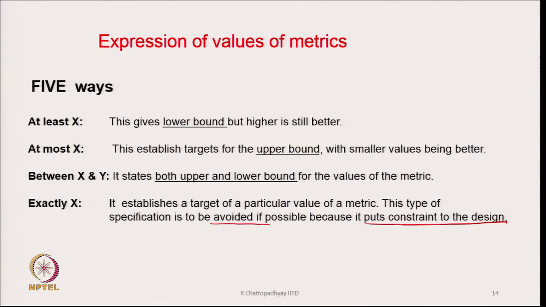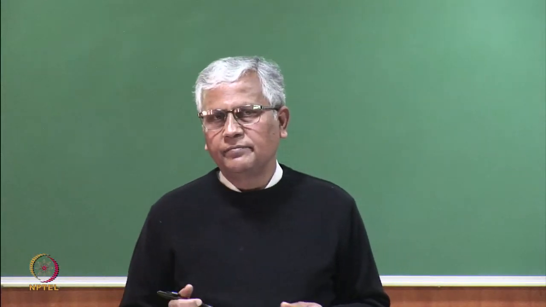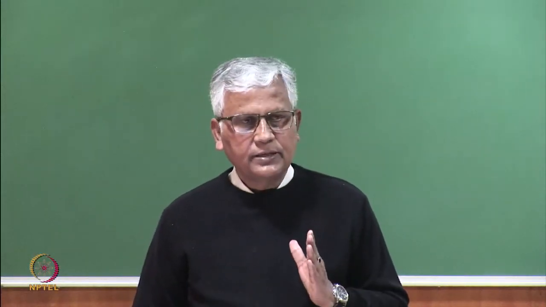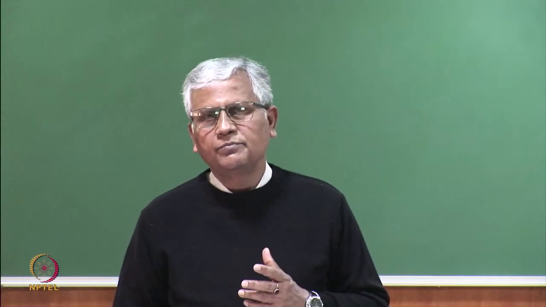When it passes through so many processes, whatever is finally produced out of it, maybe a garment, maybe a fabric, maybe some other textile product, there will always be some variability. But if we fix that this is the value I need, it is almost impossible to achieve.